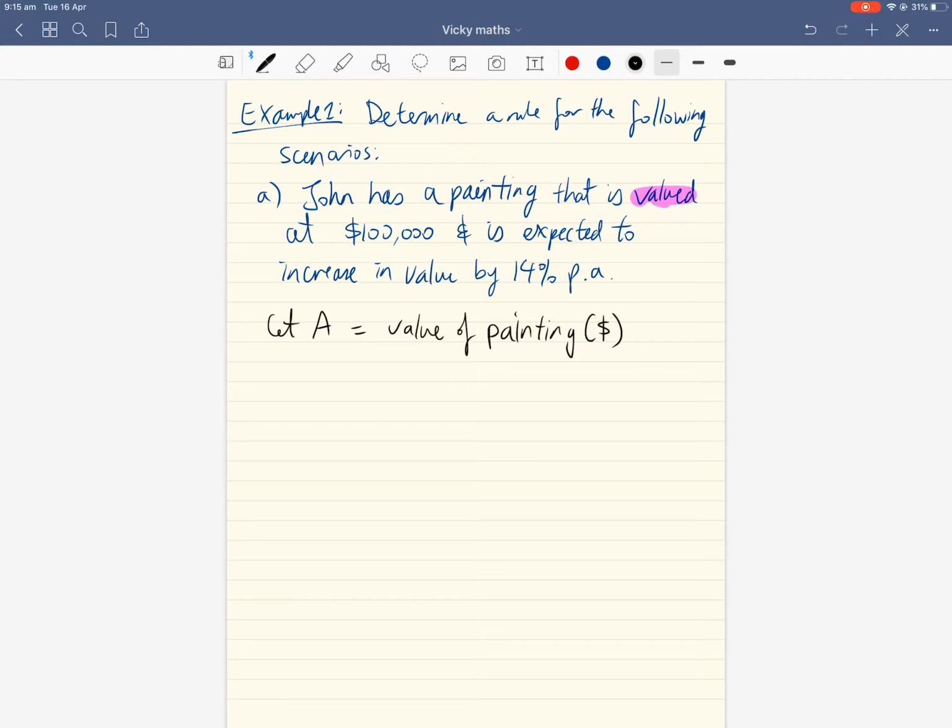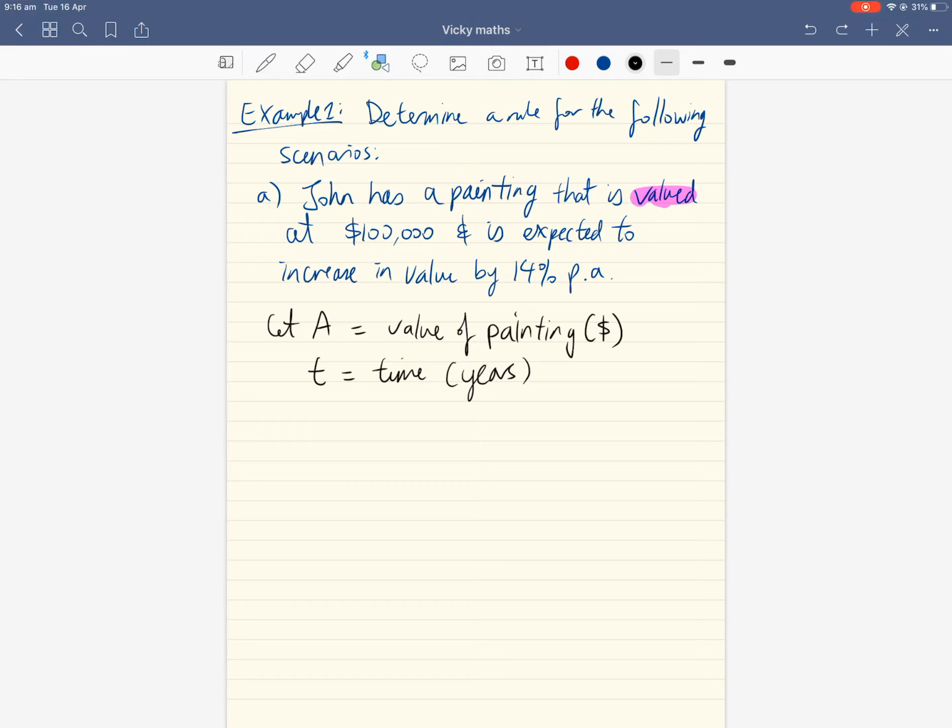What's the unit? It's in dollars. And our other variable is time. So let T equal time, which is in years because it's per annum, per year. Let's draw up a table to see how the value of the painting changes per year, and we need to establish that the ratio between the paintings every year is a constant ratio before we can establish that it's an exponential growth or decay.